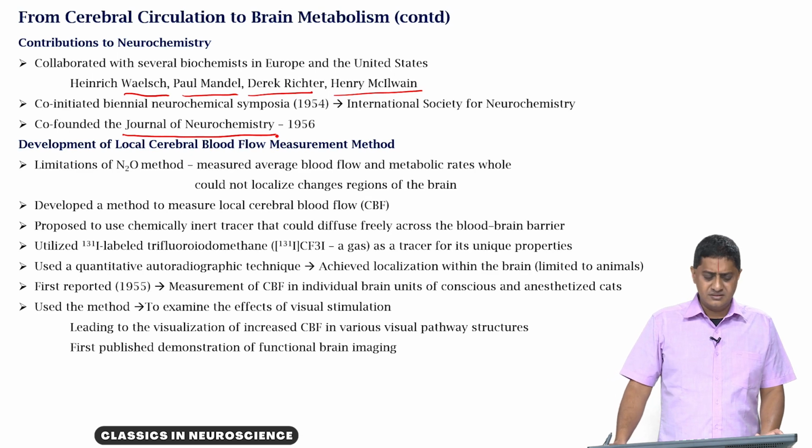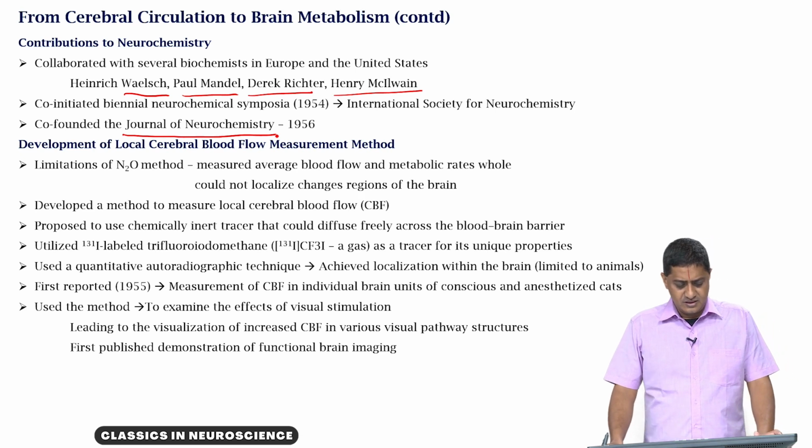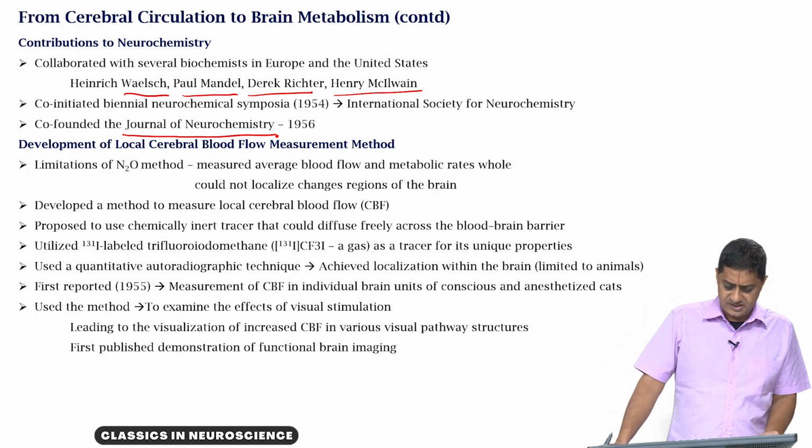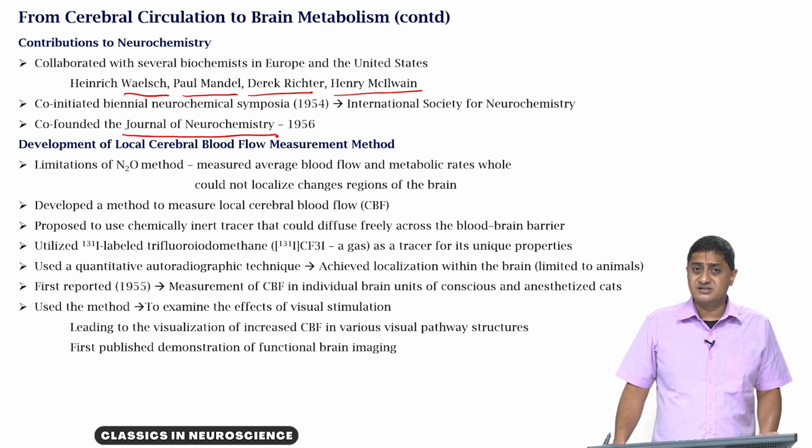So, then a method to measure local CBF, or cerebral blood flow, was developed. This used a chemically inert tracer that could diffuse freely across the blood-brain barrier, and it used iodine-labeled trifluoroiodomethane as a tracer because of its unique properties.